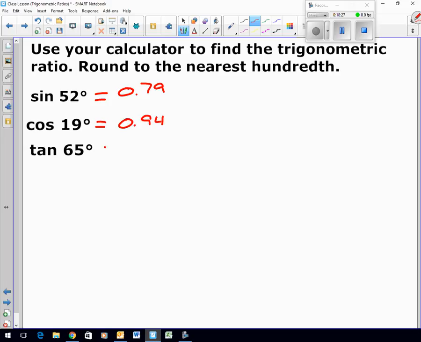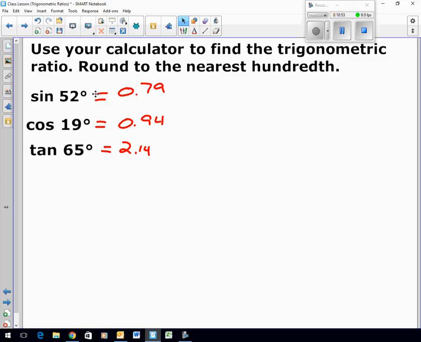What about tangent of 65? 2.14. Yeah, it's 2.1. Hold on, cosine, whatever it is, isn't that supposed to be 0.95? It's 2.14, right?